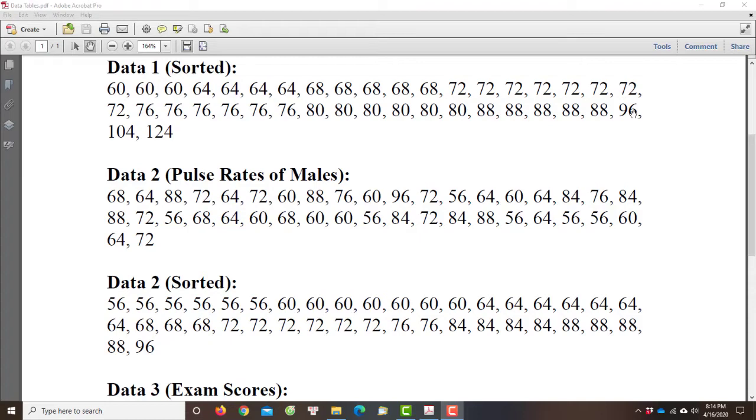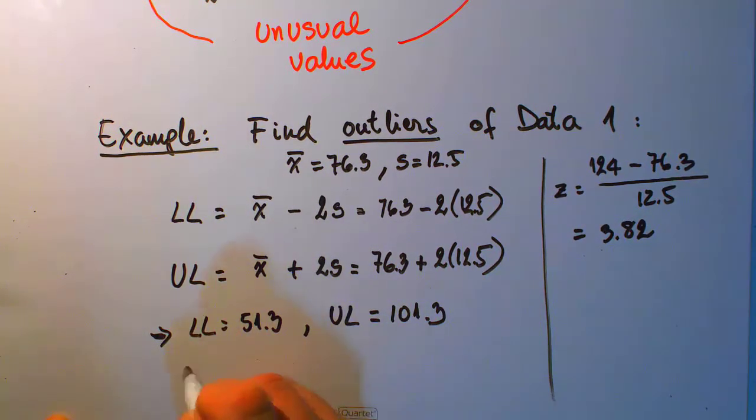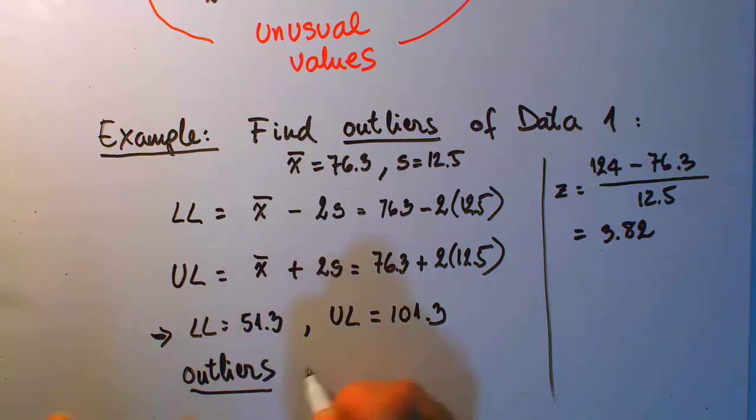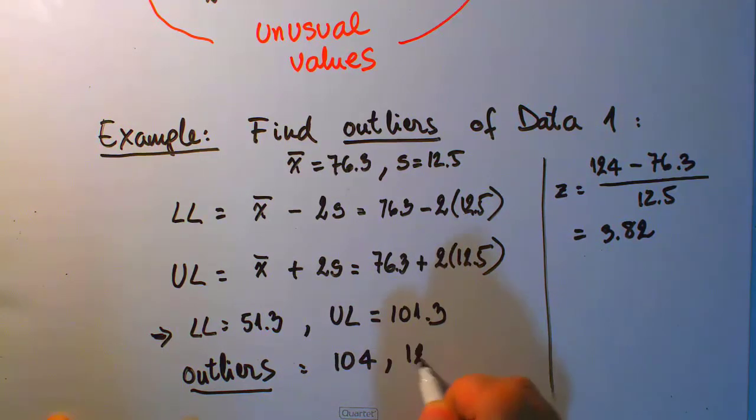So any of those values in data 1 from anywhere from 60 to 96 are completely contained inside our up limit and low limit. And we have 104 and 124 falling outside of those limits right there. And so now our conclusion here is that the outliers we found, once again, are 124 and 104.